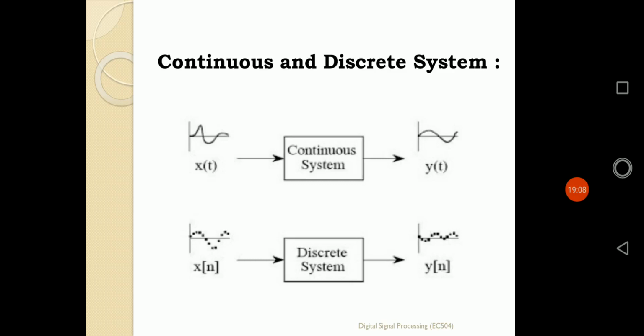So certain blocks will be there, for which the continuous signal first has to be converted into a discrete time signal, then we can apply that signal to a discrete system. And at the output also we gather a discrete time signal. But if I want to get the original output back, we have to convert that discrete time signal into a continuous signal also.